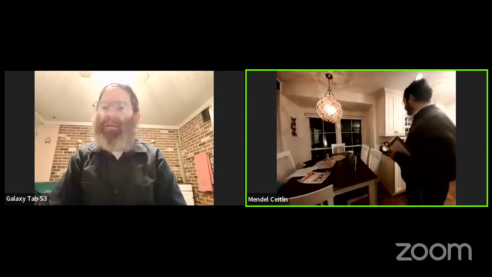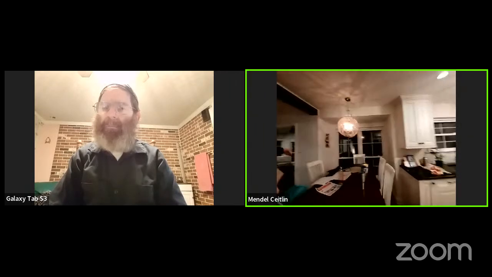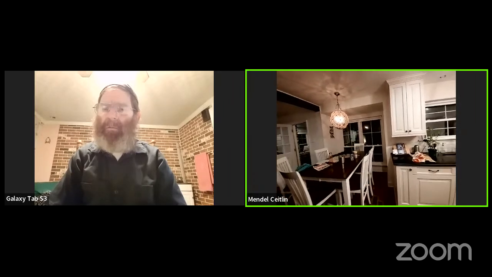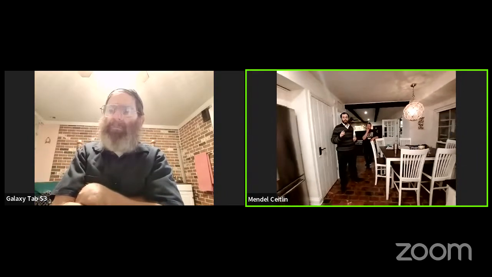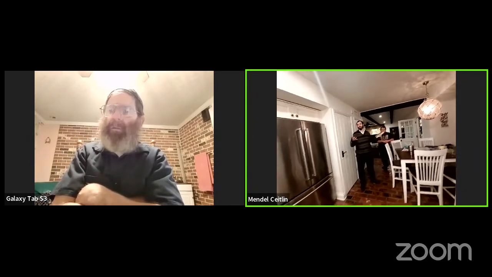If you had a wall over here, all the way here, and then this wall came out all the way through here, and this wasn't big enough for a mezuzah, then you would put a mezuzah over here, because it's on the right side. No, it doesn't apply to this kitchen. It doesn't apply to most kitchens, but I've seen it with awkward kitchen layouts. It just comes out like that.